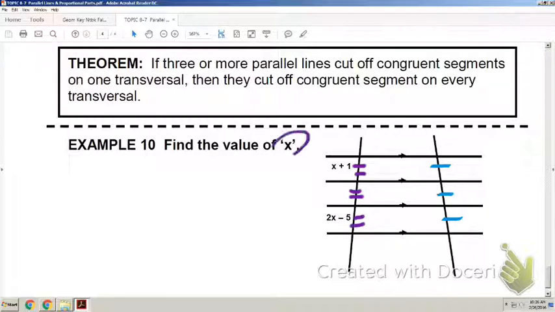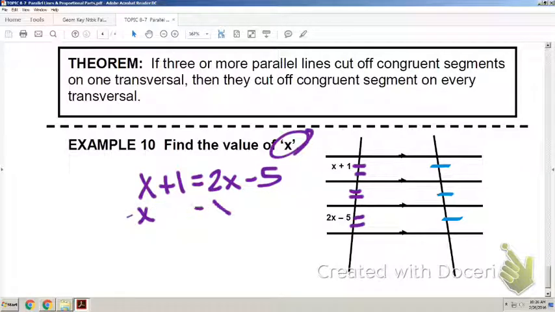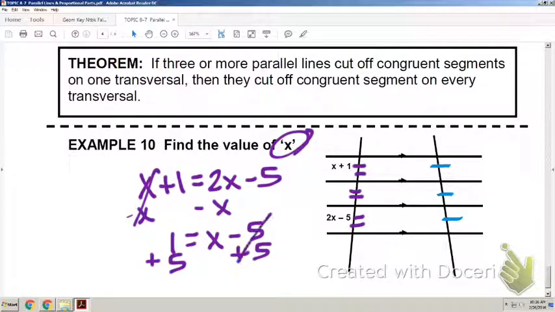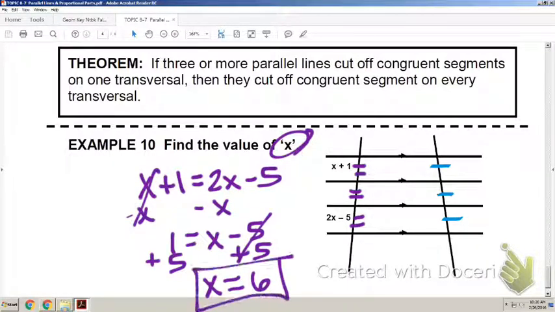And if we want to find x, if we know that they're congruent, we can take x plus 1 and set it equal to 2x minus 5. And then from there I just solve. Subtract x from both sides. Add 5 to both sides. And that makes x equal 6. Okay, that's all you got to do.